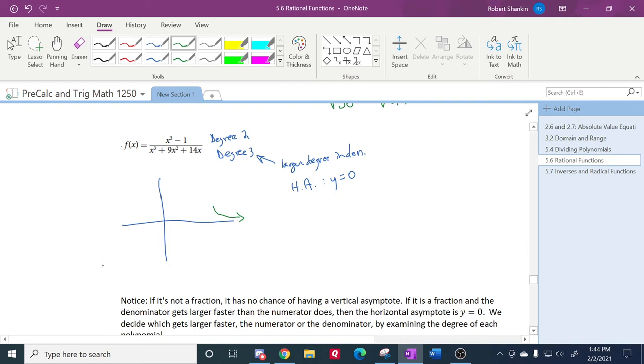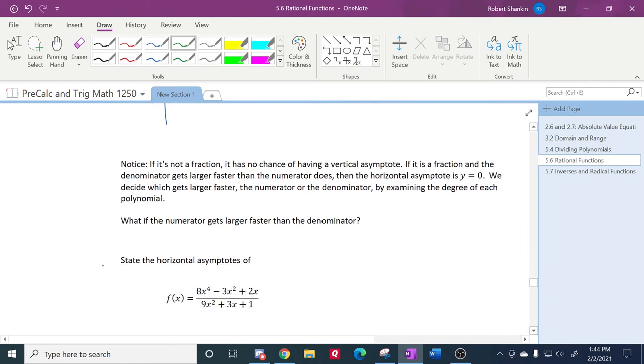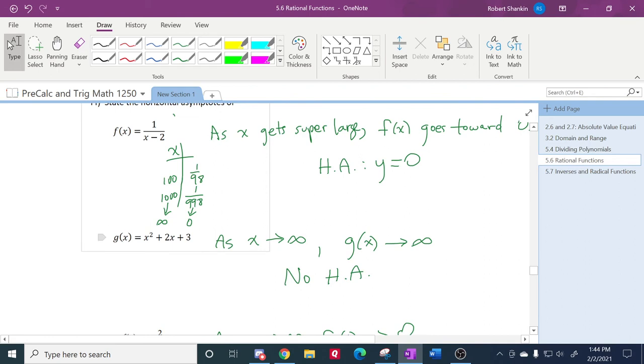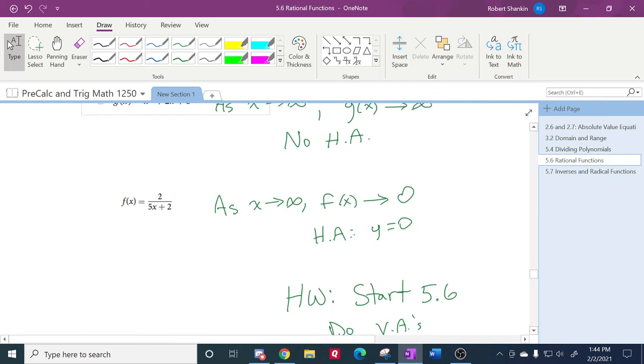Alright, let's look at the bigger idea here. Notice, if it's not a fraction, it has no chance of having a horizontal asymptote. That was like this one. As x gets bigger, so does y.